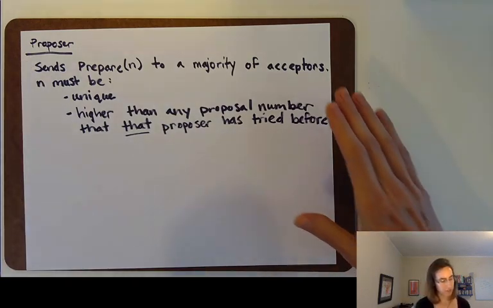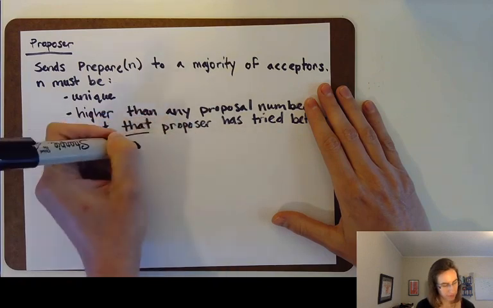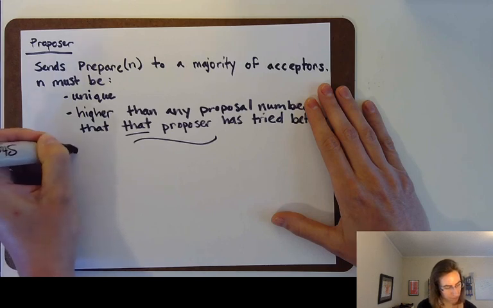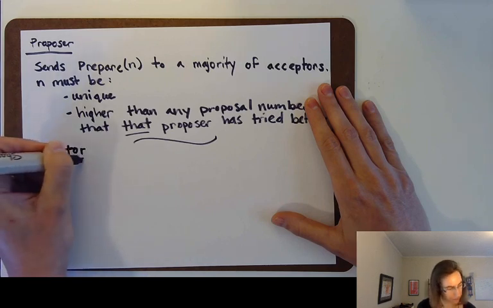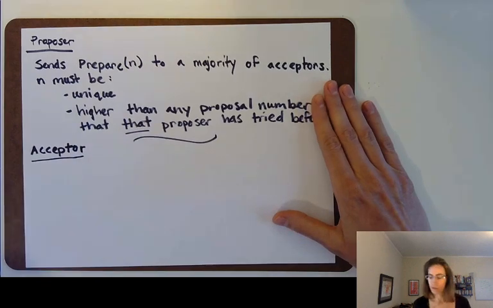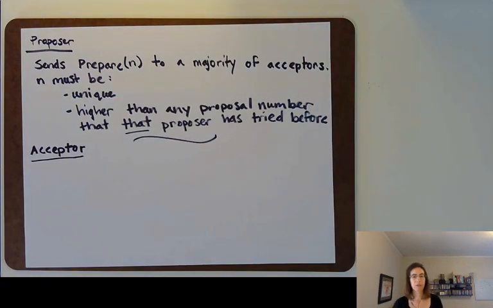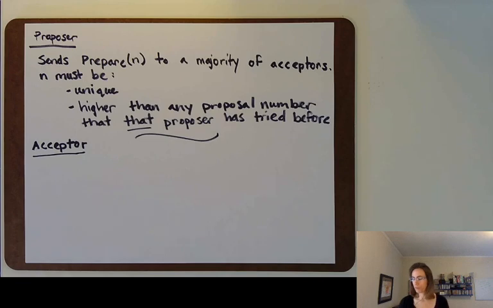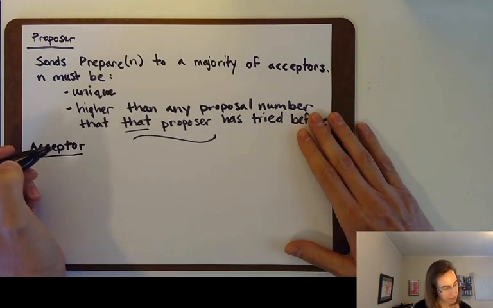Then we go over to the acceptor. When an acceptor gets this prepare n message, it asks, did I previously promise to ignore requests with this proposal number?